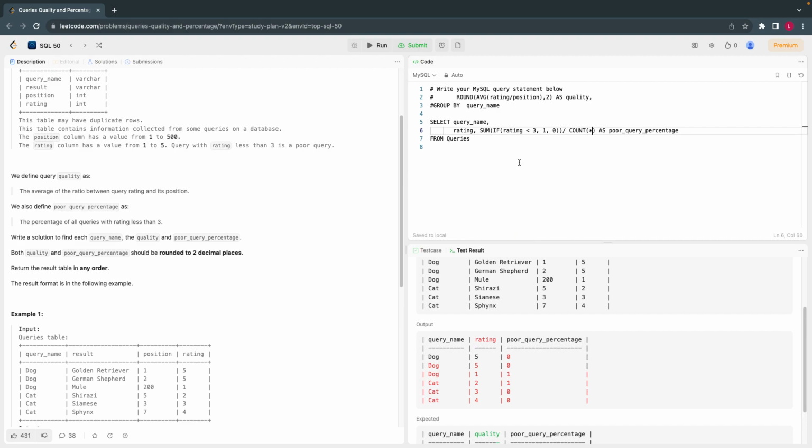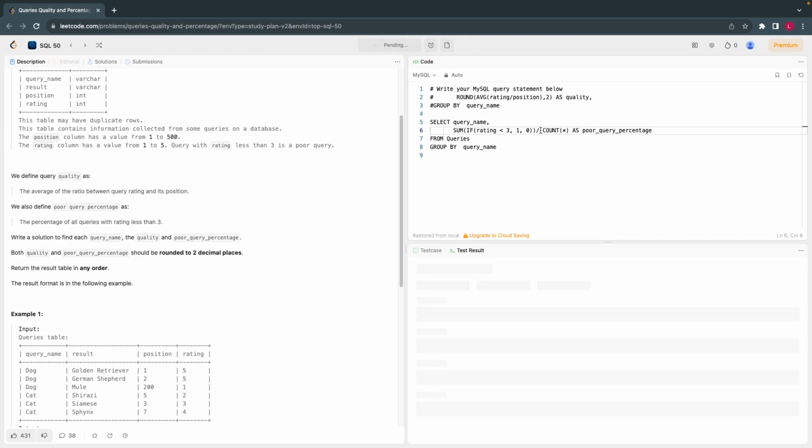So I take the sum of all of these divided by the total number of counts, which comes back to the same query. Let's remove this rating to get this. Little trickier, but if you understand what I'm trying to say, you will understand.